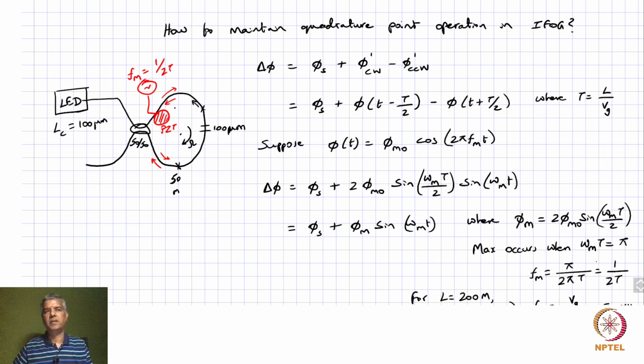So, the path length difference is 100 meters, and you are not going to have any interference because of that. So, the coherent beating noise with the clockwise and anti-clockwise signals, the signals that we are interested in, is going to be quite low. Okay. So, essentially only within 100 microns, whatever backscattering is happening, those are the ones that are going to be coherent, and that's all that would matter.